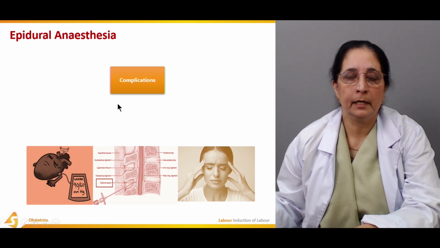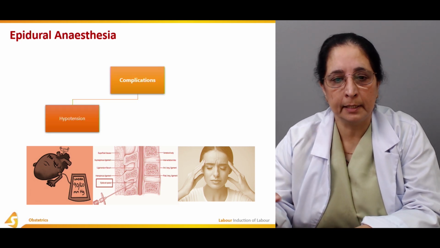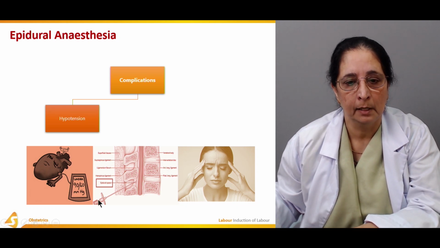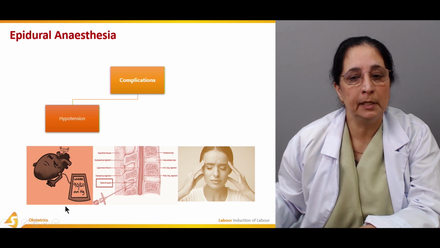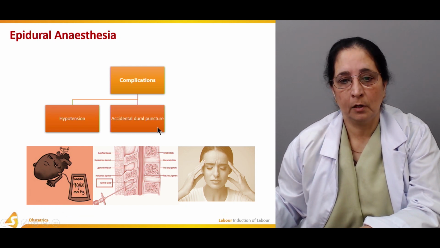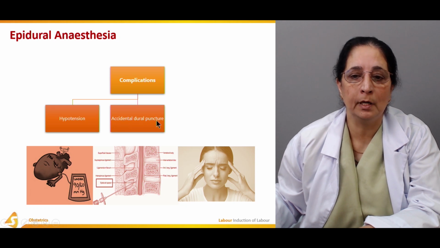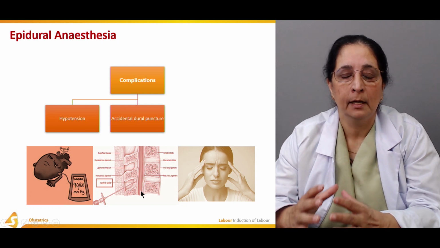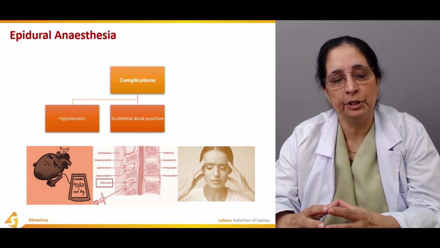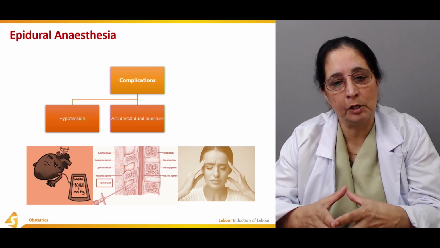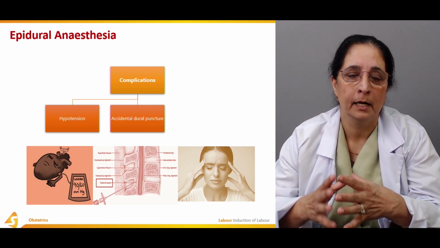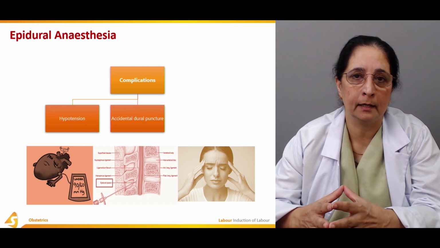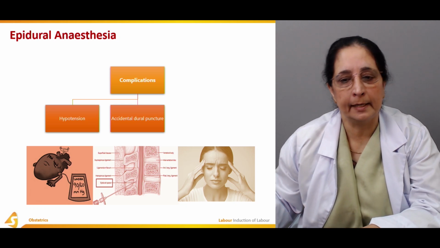Epidural anesthesia can cause some complications. For example, low blood pressure, hypotension, is possible, like 90 over 60 millimeters of mercury. It can also cause accidental dural puncture, an accidental puncture of the dura mater. These are the layers of the meninges: we have pia mater, arachnoid mater, and the dura mater. So accidental injury to the dura can occur during epidural anesthesia.